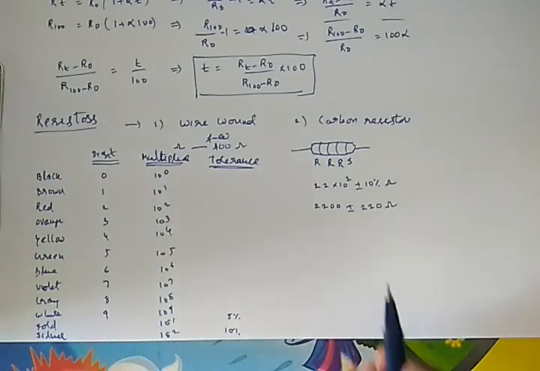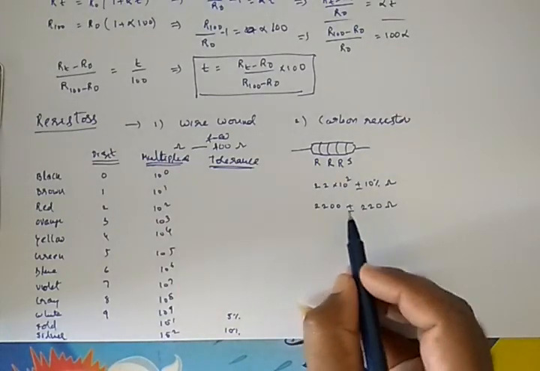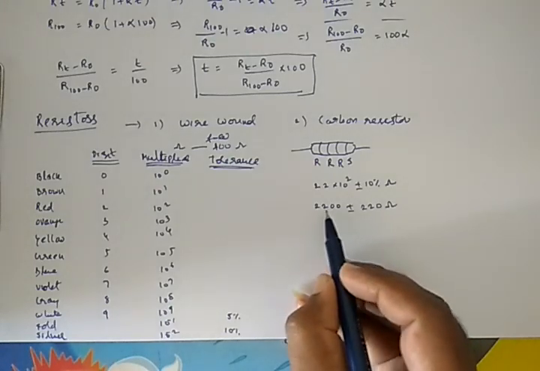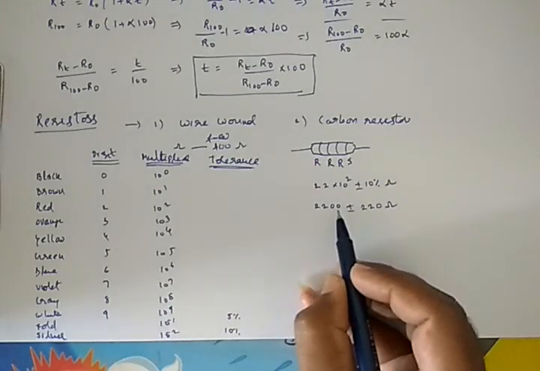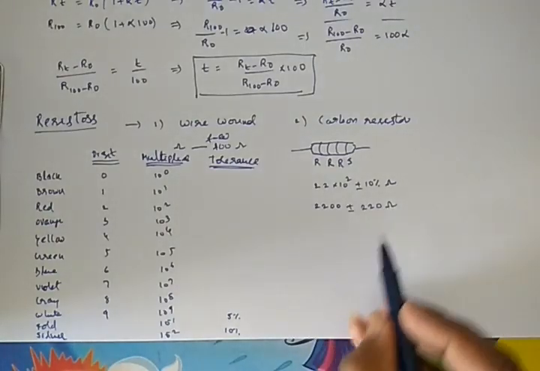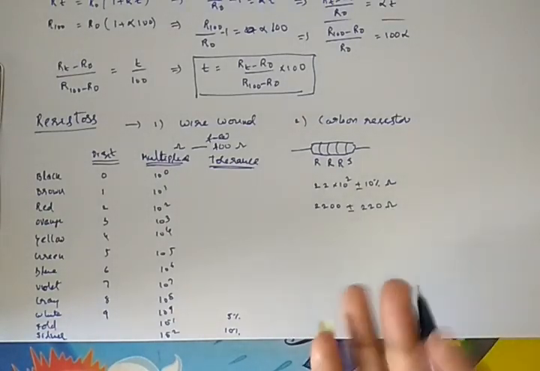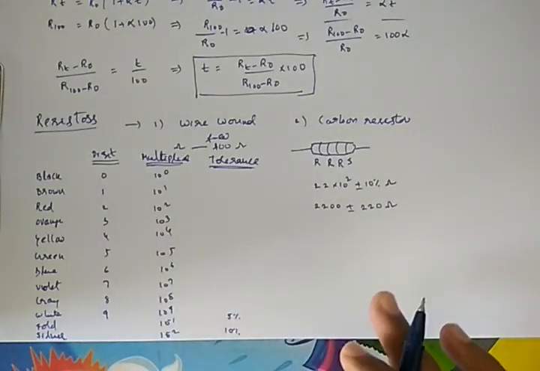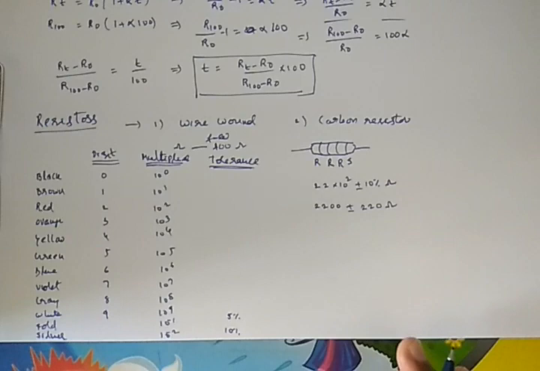So it means the resistance of this resistor can be 2200 plus minus 220 ohm. 10% is the maximum variation in this resistance. That's called tolerance. So this is the resistance of this resistor.